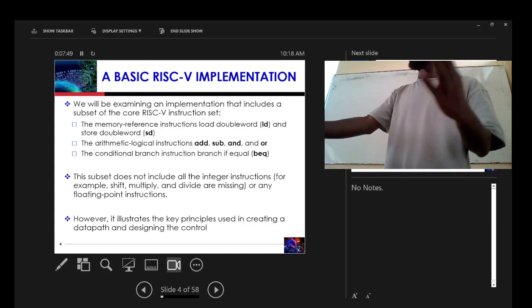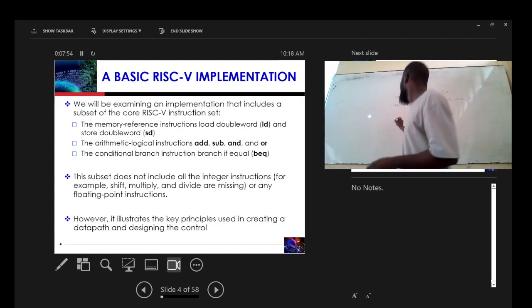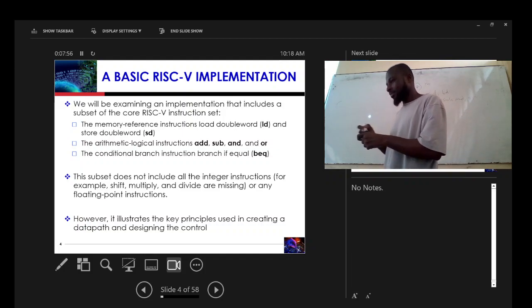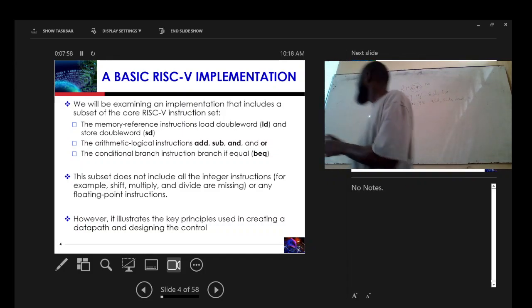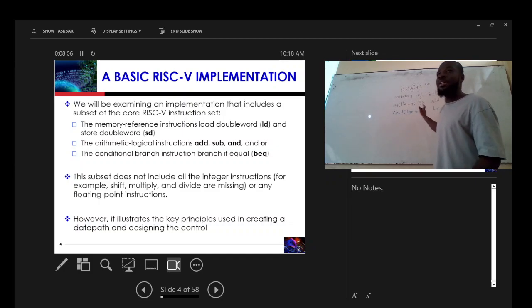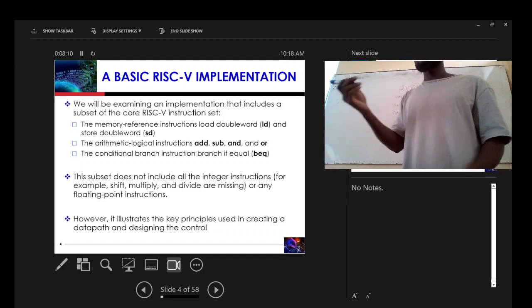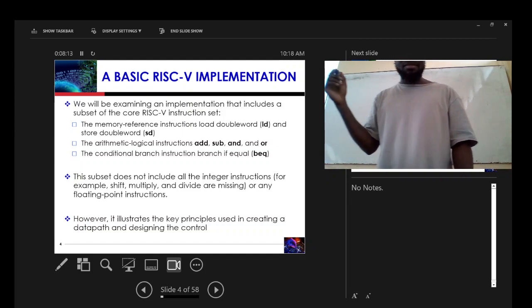As I said, the kind of if-else statement in C, right? So for the conditional instructions, we are dealing with BEQ. You know what BEQ is? Branch if equal, right? So that's what we are going to be dealing with.